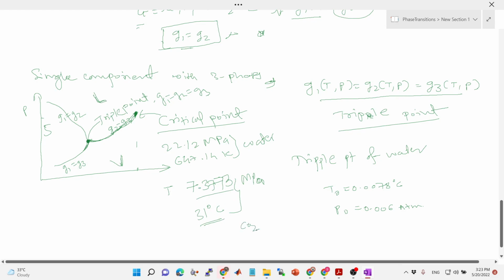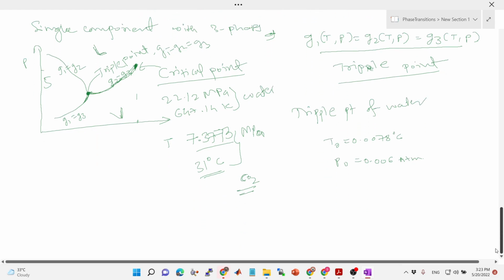So we often use the critical point of CO2 during the fabrication of the micro electromechanical devices. Okay. All right, so this is about our phase diagram.